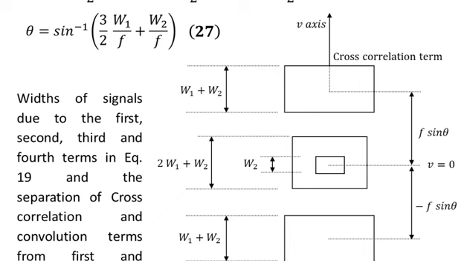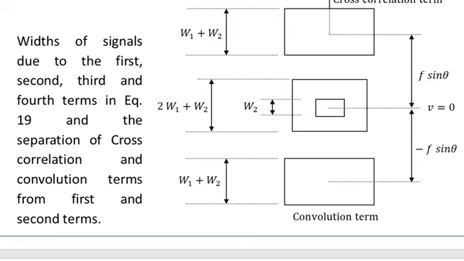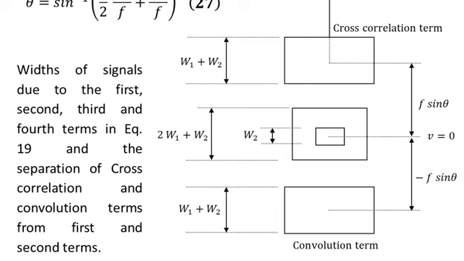The cross correlation term, which was the third term, is located at a distance v equal to f sine theta along the vertical axis, and the fourth term, the convolution term, is located at v equal to minus f sine theta. The convolution term doesn't involve any conjugation, whereas the cross correlation term, the third term, involves conjugation of the object O. Now look at the central region, the two beams contributing at v equal to 0, traveling along the optical axis.